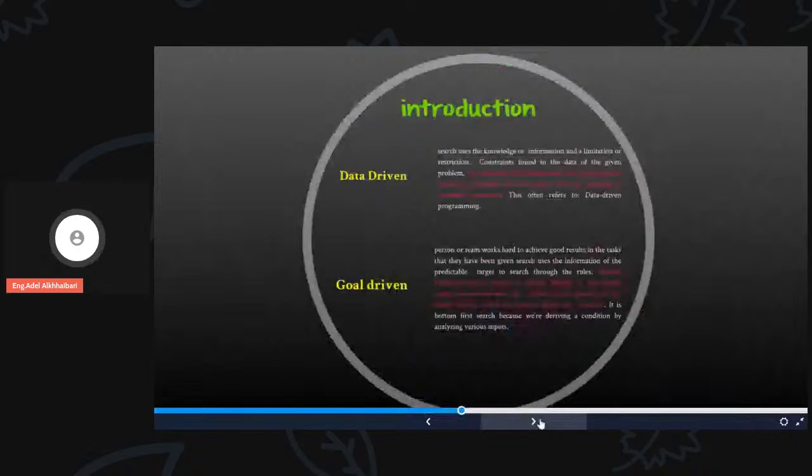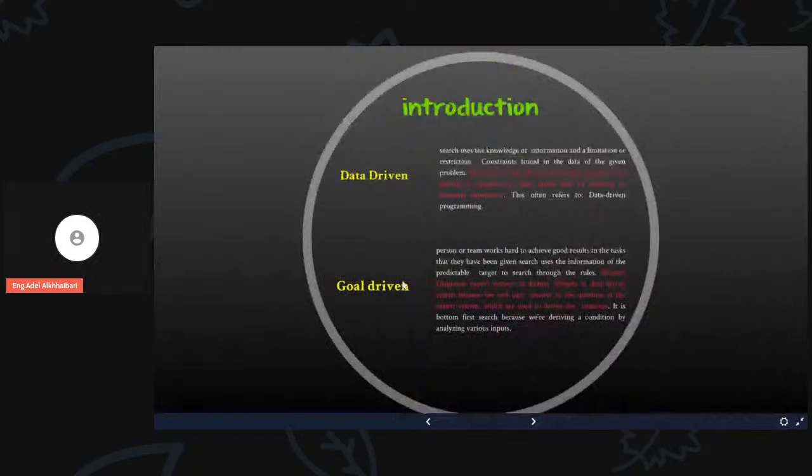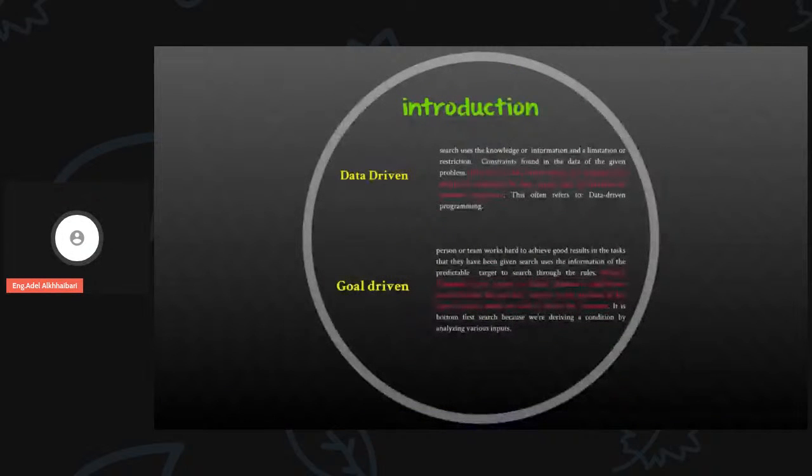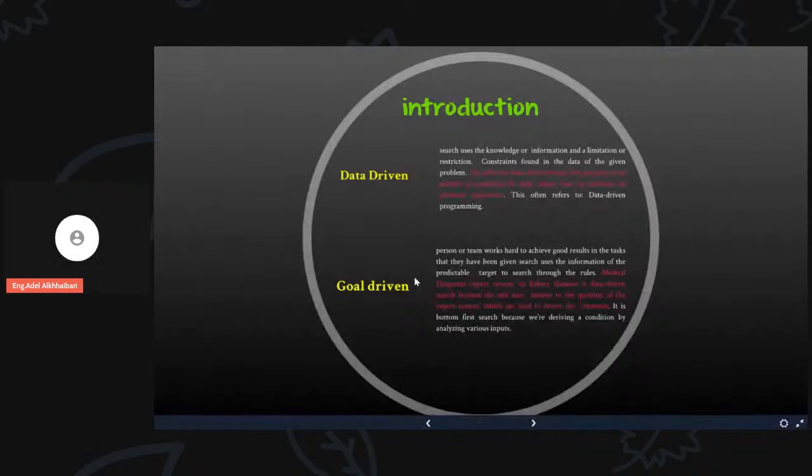In this introduction we also have data driven and goal driven. Data driven, as an adjective, means that progress in an activity is determined by data rather than by a notion or a person's experience. This is often referred to as data driven programming.